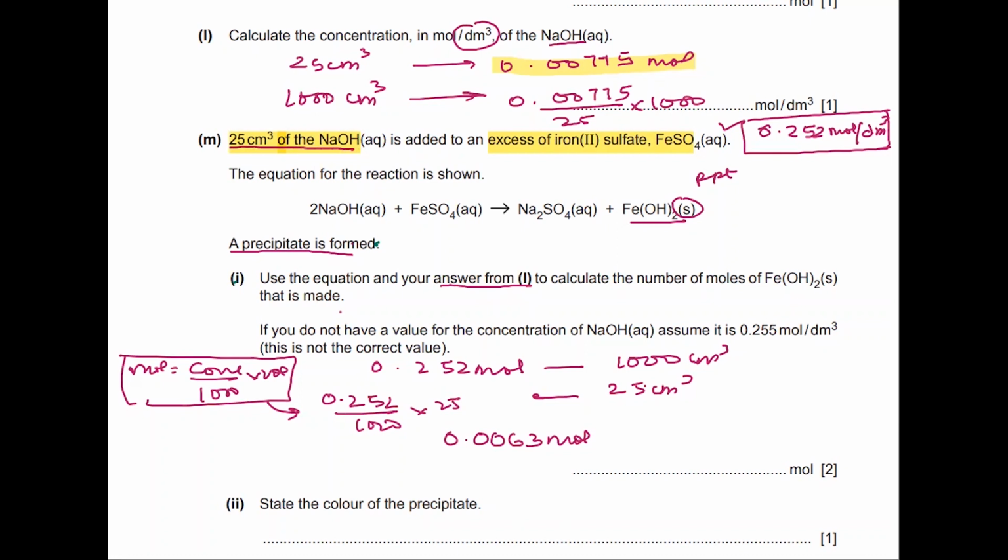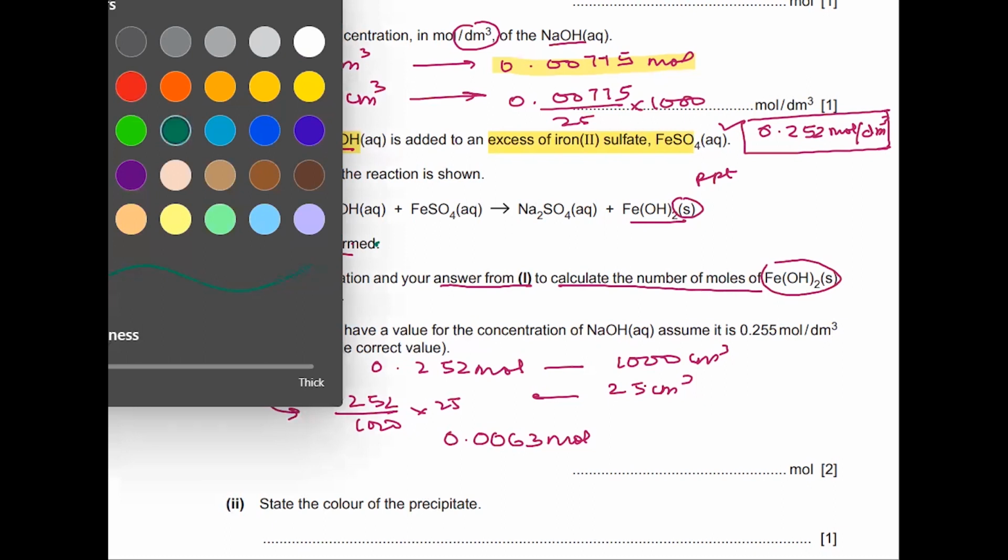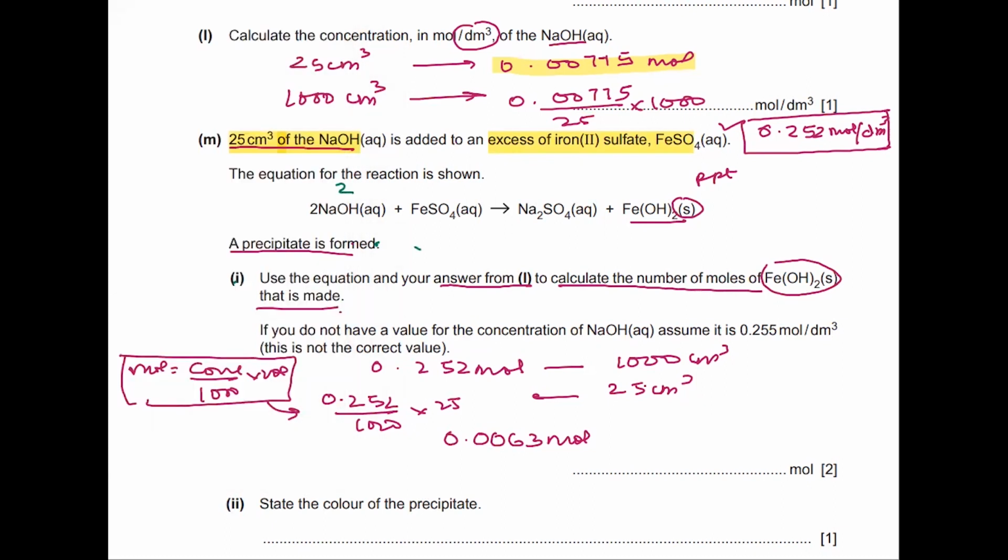Now they're asking you to calculate the amount of precipitate being formed. Calculate the number of moles of Fe(OH)2 solid that is being formed. For this, we again have to refer to the molar ratio. Look here, they're reacting in the ratio of 2 to 1 to 1 to 1. So if this is 2 moles, they're getting 1 mole of iron hydroxide.